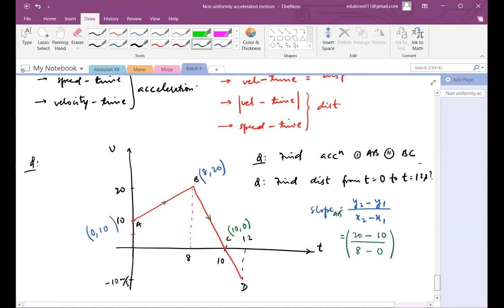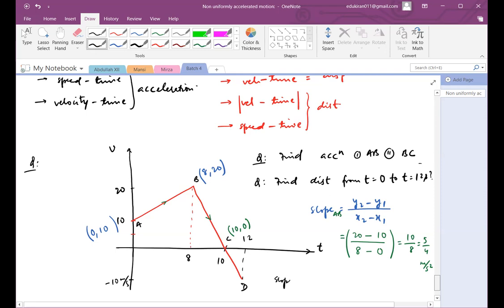So 20 minus 10 is 10, 8 minus 0 is 8. So it will be 5 by 4, and the slope of the velocity time graph is nothing but acceleration, so it will be meter per second squared. Is it clear to everyone? Yes, sir.